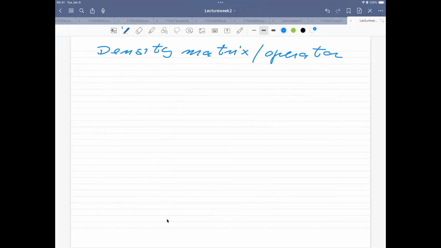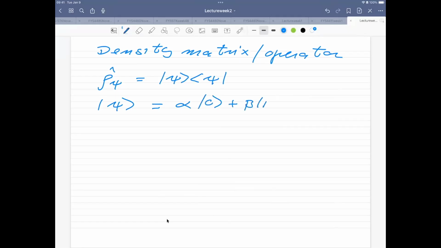So if I now use the letter rho, and then I put a psi here to indicate that this is a density matrix for that specific state psi. And since we are staying with this one qubit system, let me quickly remind you that psi is equal to alpha times 0 plus beta times 1.